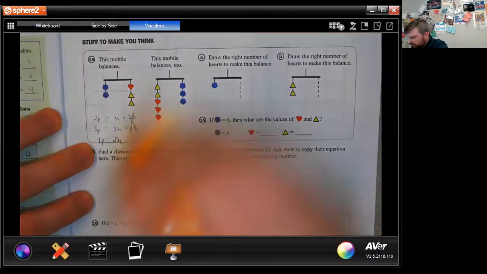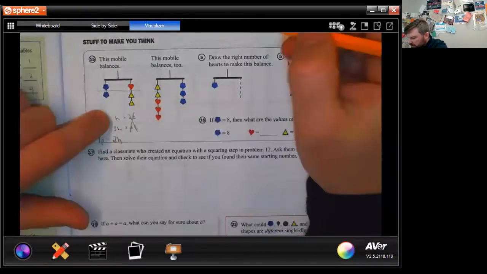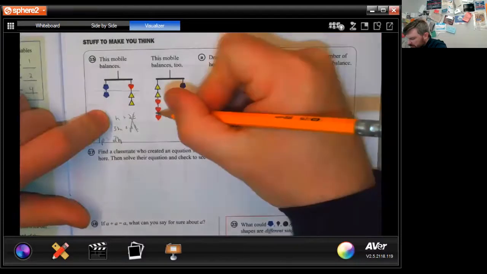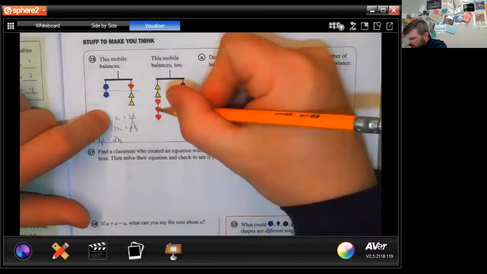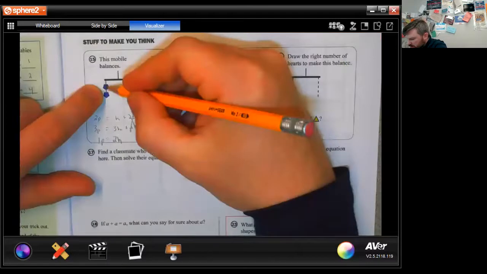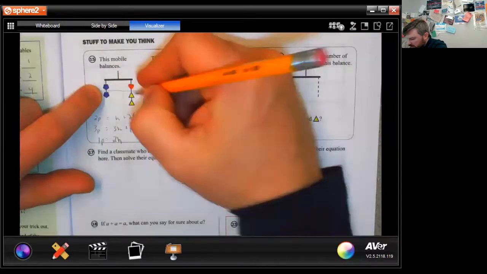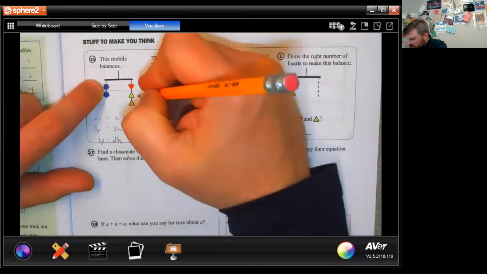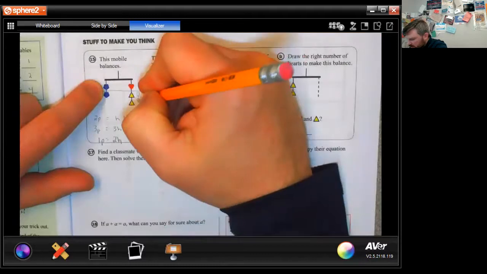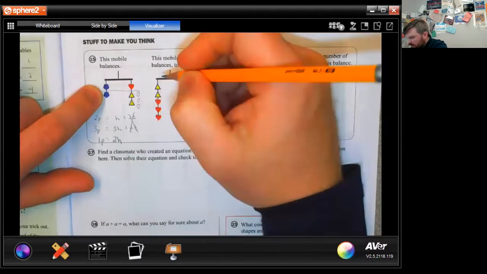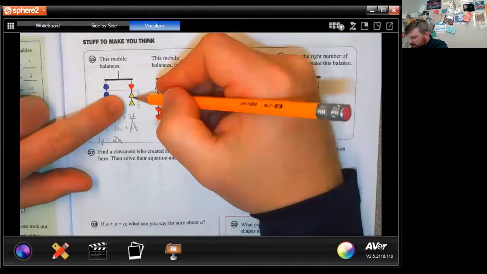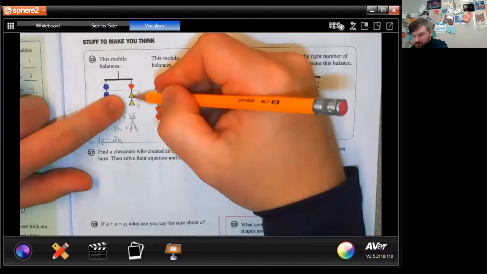Let's check that out. If 1 pentagon is 2 hearts, so 2 hearts, 2 hearts, I'd have 4 hearts. There's 1, 1, 2, 3. That must mean that 2 triangles equals 3 hearts.